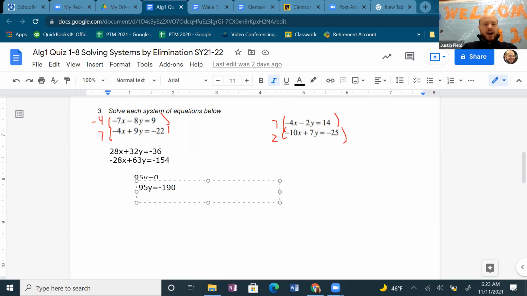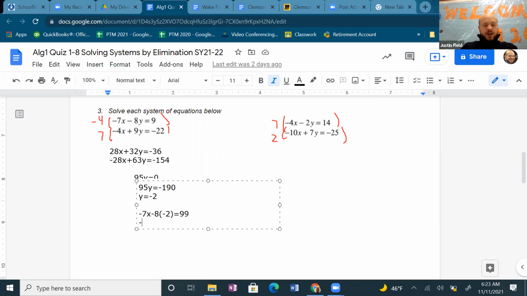Then if you divide, that would be -2. Okay, and then we substitute in -2 for y. Actually, I think it is easier to solve for y first in this one. That's division.